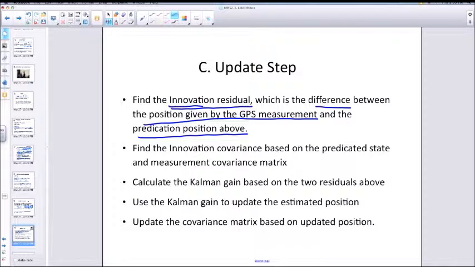All you need is to measure the difference between your prediction and the position given by the GPS. And then there's another, the innovation covariance. That covariance will connect the predicted state and the measurement covariance matrix. We're going to look at the detail later on.